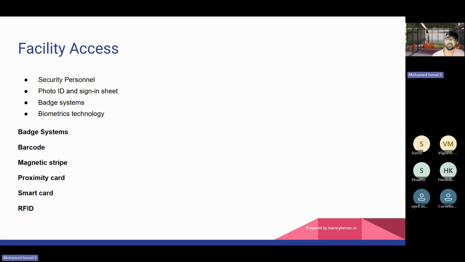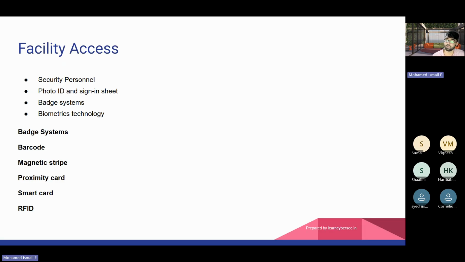Then smart card, which may have a chip and processor that is used to sense the data and transmit the information. That is more secure compared to other technology, because the smart card has a processor or chip that transmits data that cannot be duplicated, while other patterns can be duplicated.